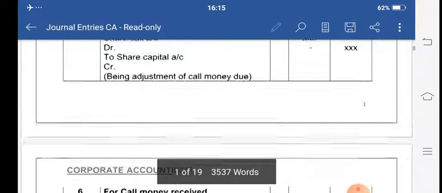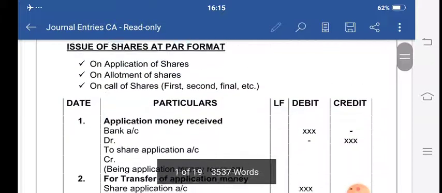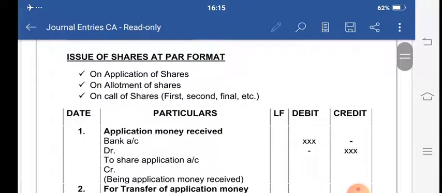Just keep in mind for the issue of shares at par, there are three things: on application, on allotment, and on call, which may be the first, second or final call. For each there are two entries.